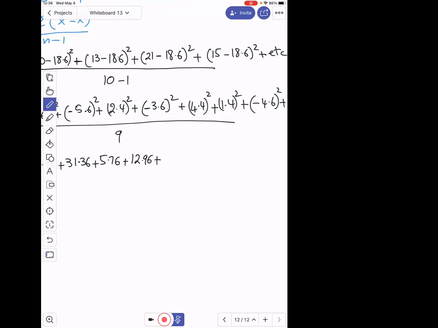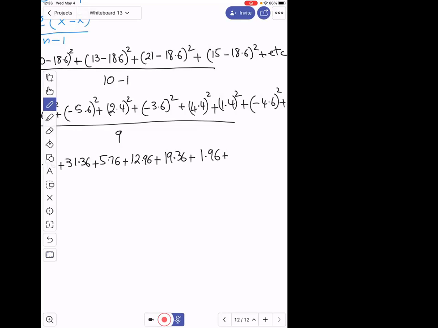Okay, so this is for 3.6. Then for 4.4 squared, that's 19.36. And then you have 1.4 squared, so that will be 1.96. And then you have negative 4.6 squared. As I said, when you apply the square, you're gonna have a positive answer.